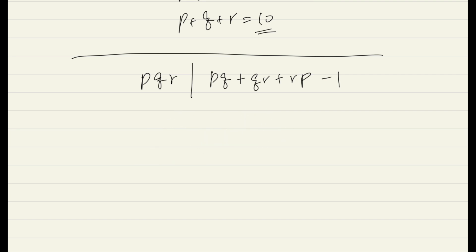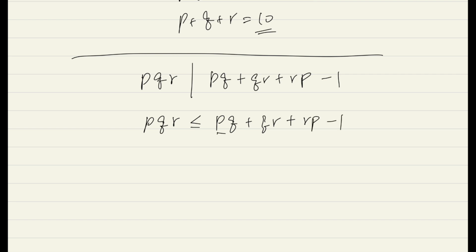Now, once we know that PQR divides the right-hand side, we know that PQR is less than or equal to PQ plus QR plus RP minus 1.